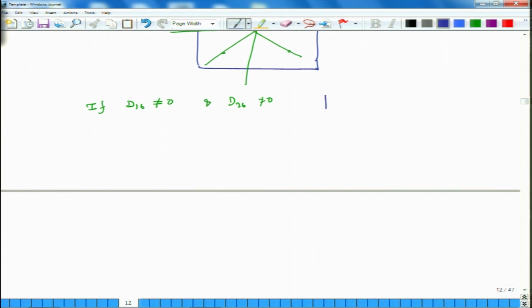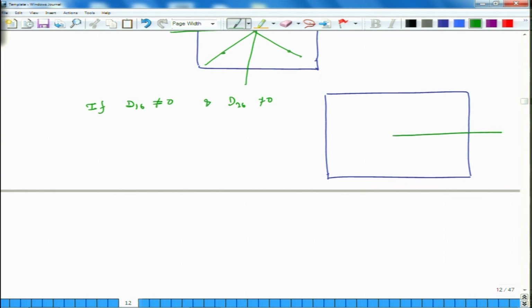So in that case, if I have a plate and this is my origin, then a point here will have the same moment as a point here, and a point here will have the same moment as a point here. So what are the planes of symmetry in this case? See, the planes of symmetry are these.